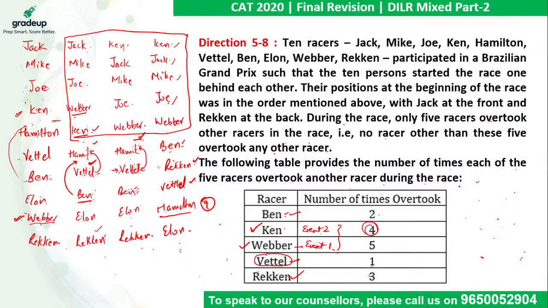So the position will be like this: Hamilton, Ben, Vettel, Eon, and Raikkonen. Now in this case, this Vettel will overtake Ben again. All right. So this becomes Hamilton, Vettel, Ben, Eon, and Raikkonen. All right. So now Raikkonen will overtake 3 of them and will reach here. Still, it is not done.